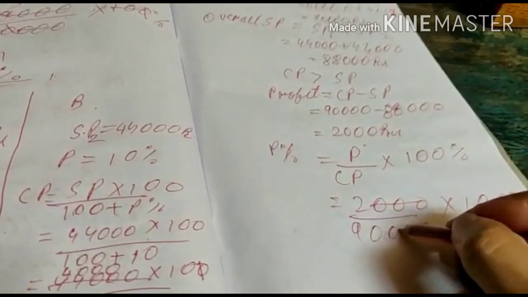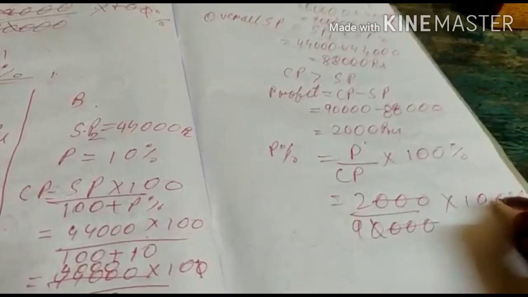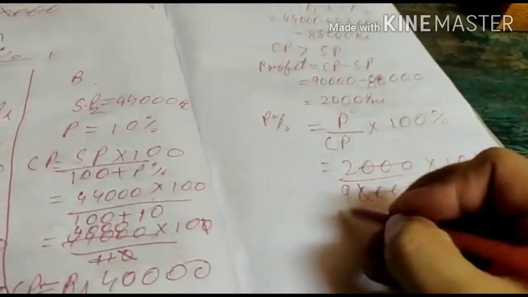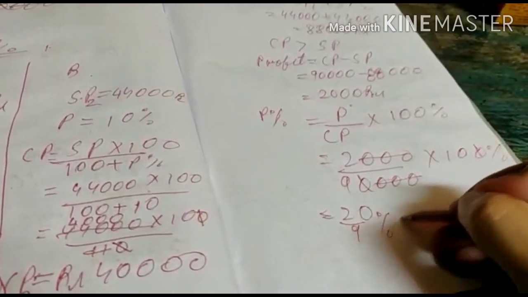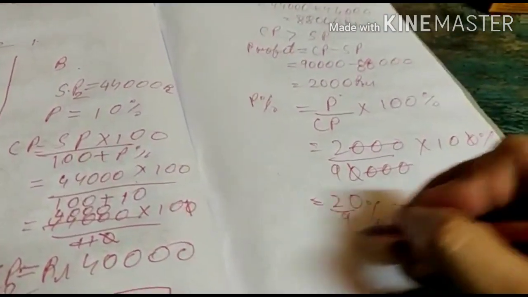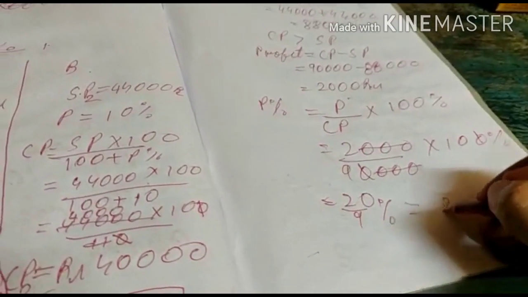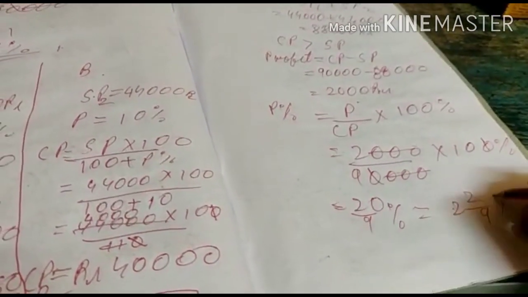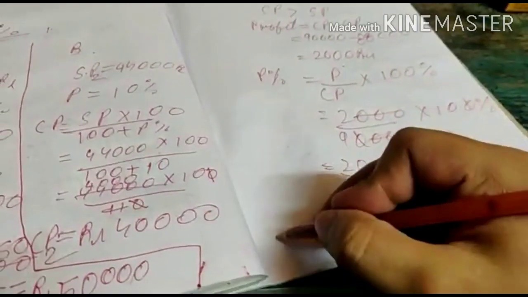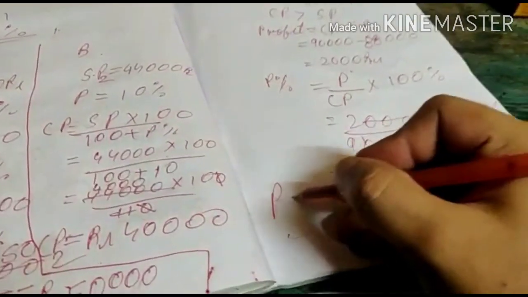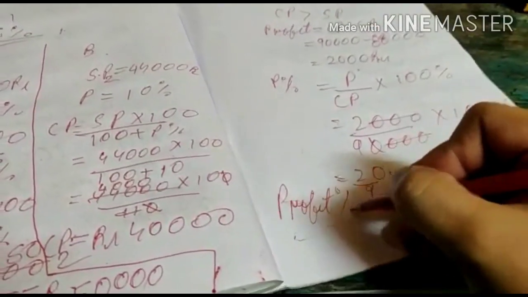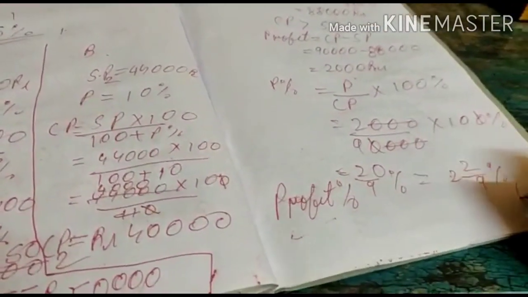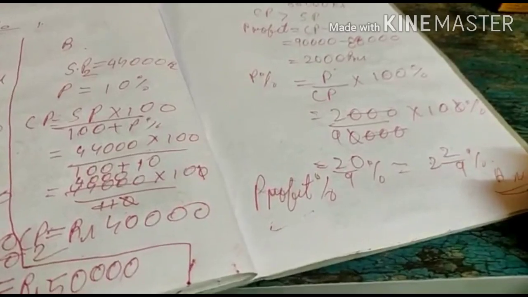So these three zeros, this one 0, this one 0. So we got 20 upon 9%, that is 2 whole 2 upon 9%. So this is our overall loss percent. Okay, this is our answer.